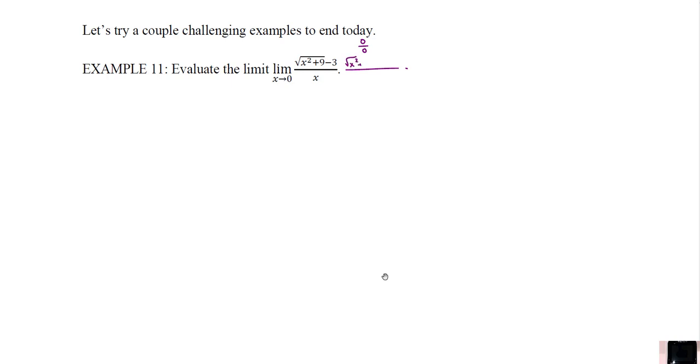Rad x squared plus 9 plus 3, multiplied top and bottom, would yield the limit as x approaches 0 of the numerator becoming x squared plus 9 minus 9 over x times radical x squared plus 9 plus 3.